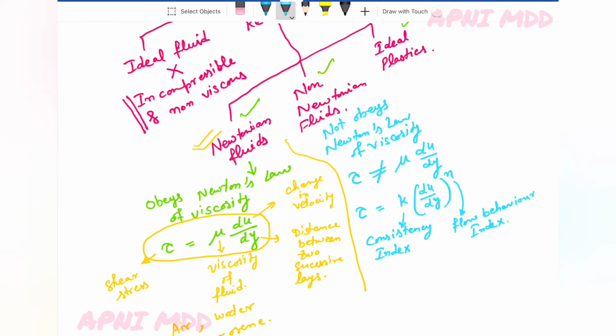Depending upon the value of n, we have two different types of non-Newtonian fluids.